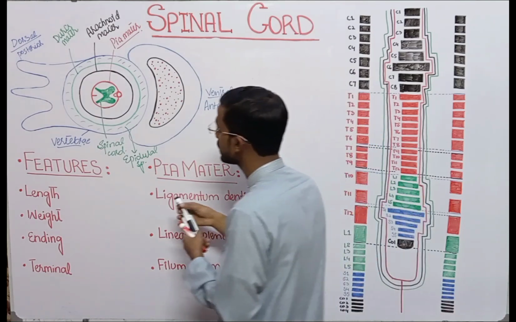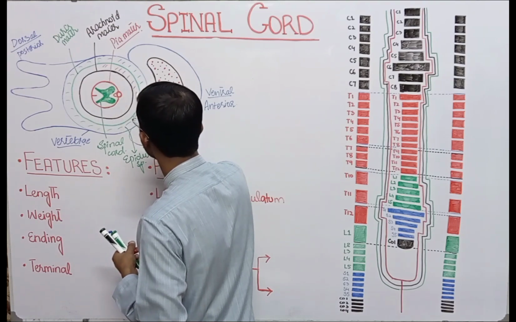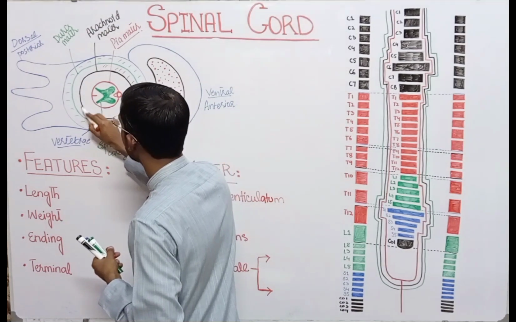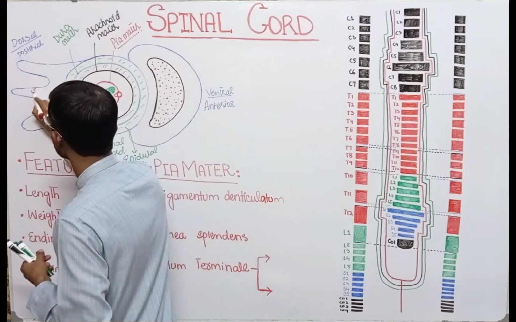Next, the space below the dura mater is called the subdural space.